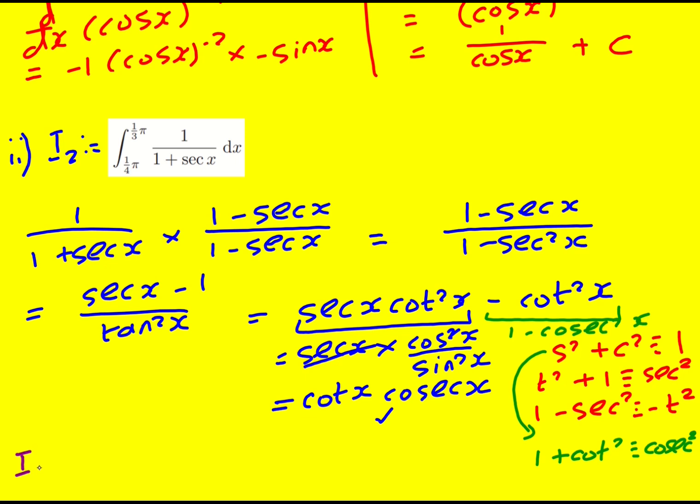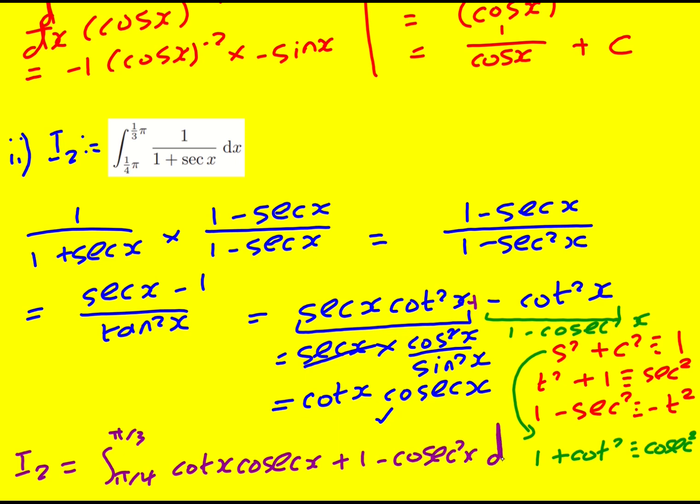So that means that I2 is going to be the integral from pi over 4 to pi over 3 of cot x cosec x. Then I'm going to get plus 1, because I've already dealt with that negative, I'm basically adding minus cot squared x, but then I said that cot squared x was 1 minus cosec squared x. It's going to be plus 1 minus cosec squared x.